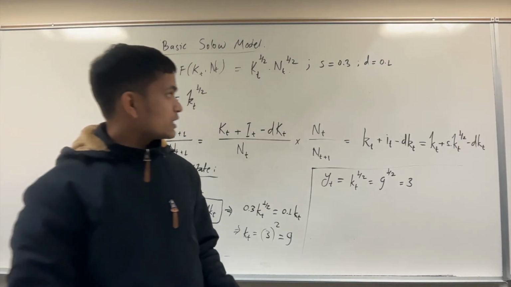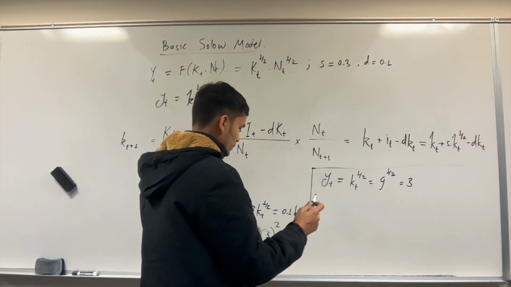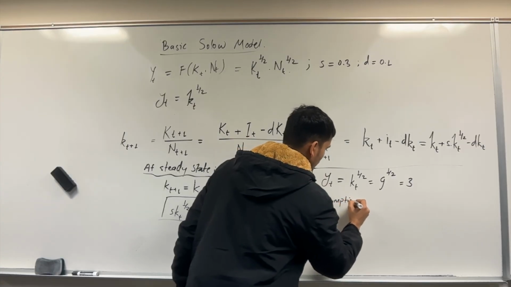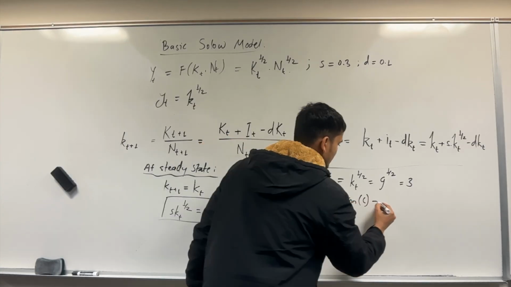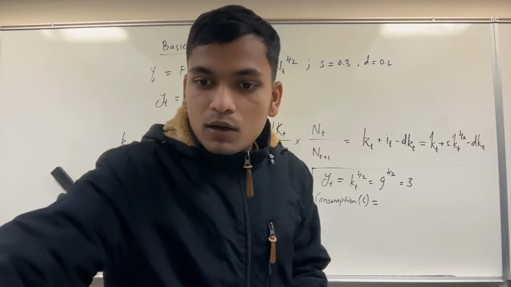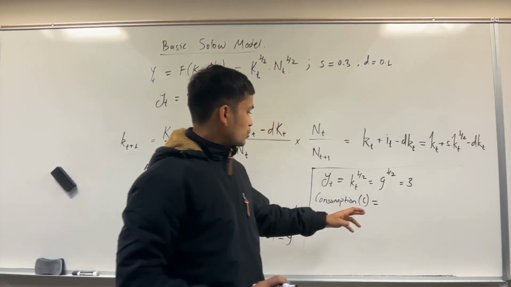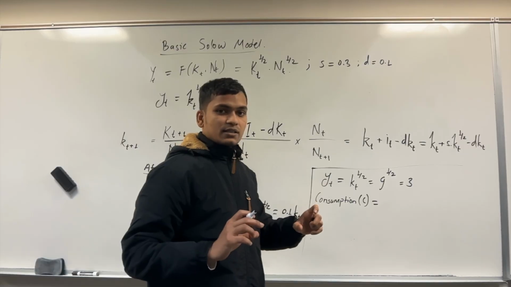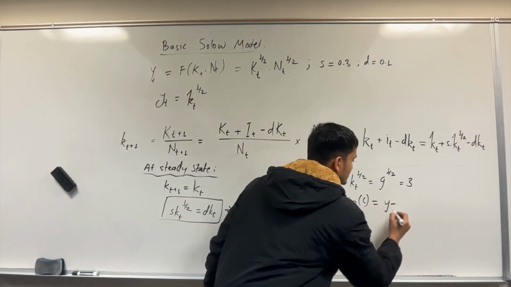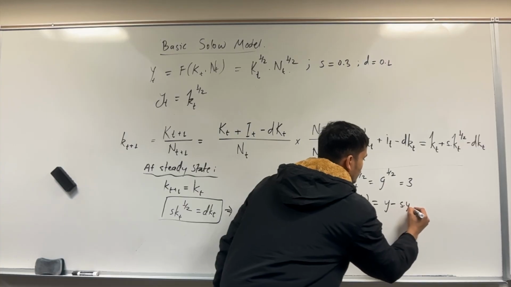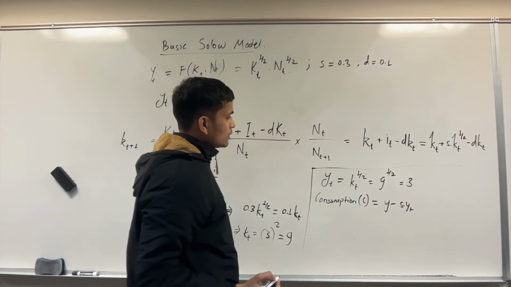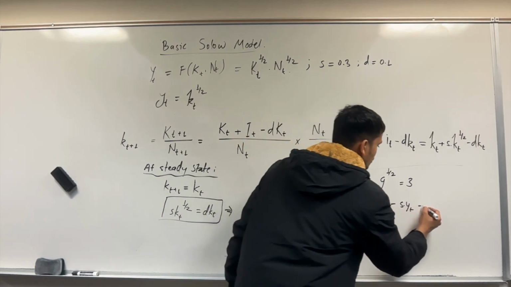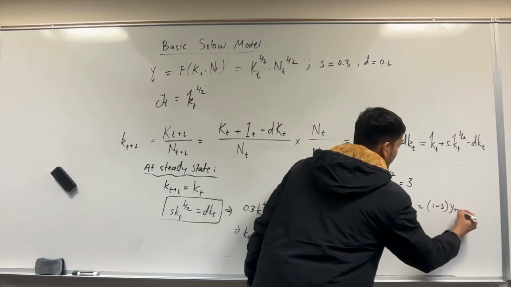Consumption equals 1 minus the saving rate times output. We also know that consumption C equals the production minus saving, which is s times y_t, and we can also write that as 1 minus s times y_t.